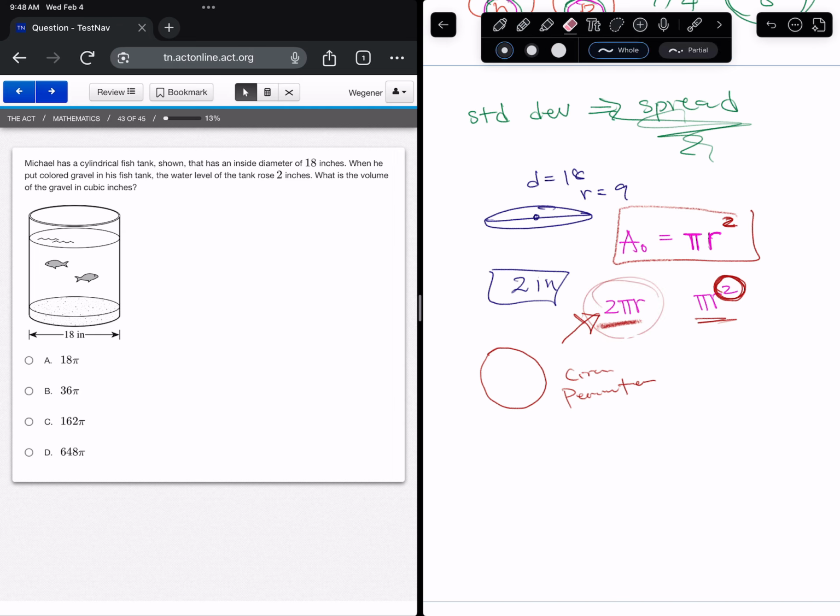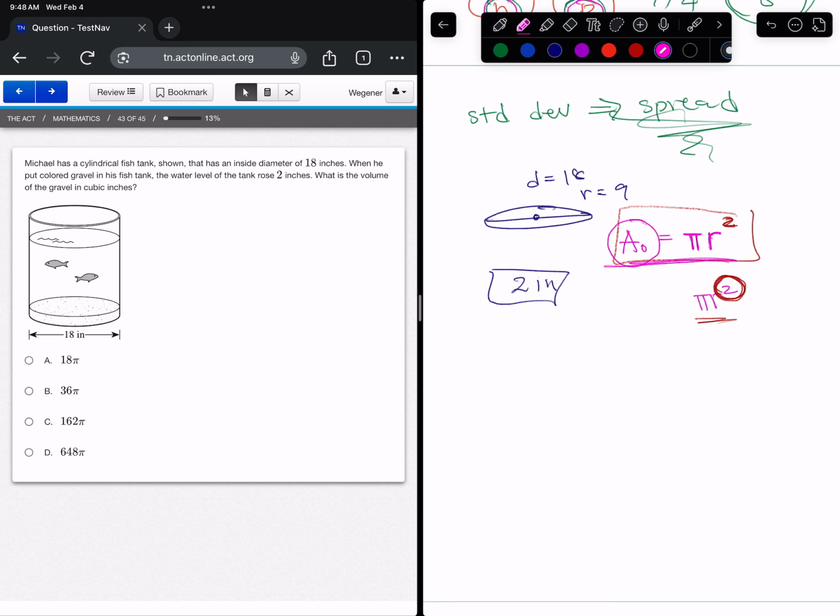So it's 2 pi r, but that's not what this question is asking. It's asking us the volume, okay? Now, what's nice about the area is if you know the area of something, you just multiply by the, in this case, the height, okay? So the volume, in this case, is going to be the area of the circle times the height, okay?